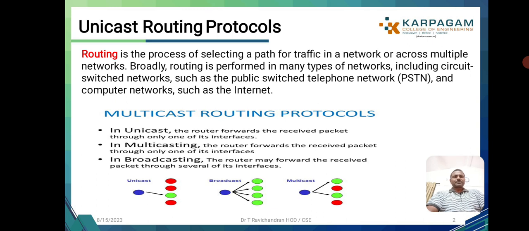In multicasting, the router forwards the received packet through several of the interfaces. In broadcast, the router forwards the received packet through several of the interfaces. The figures show an example.